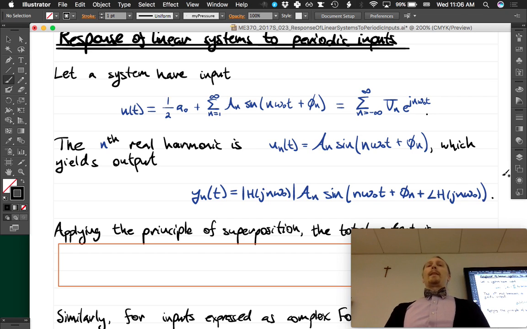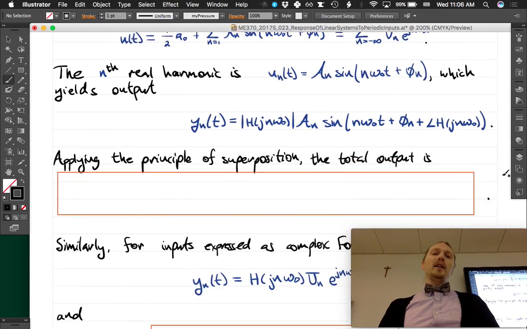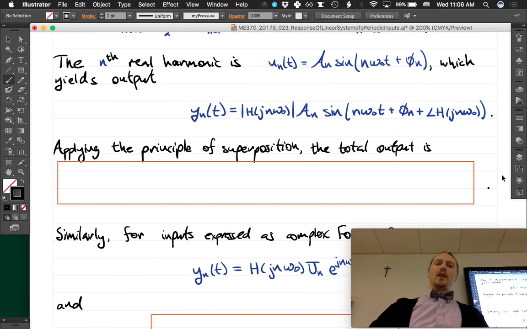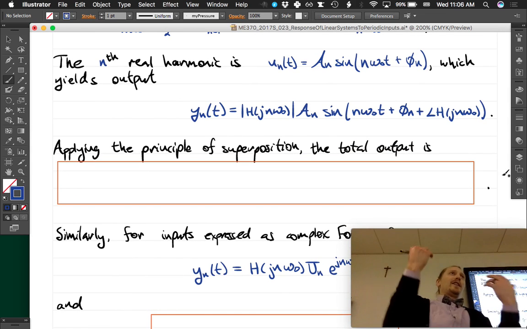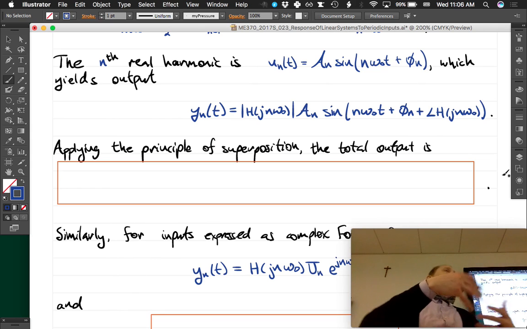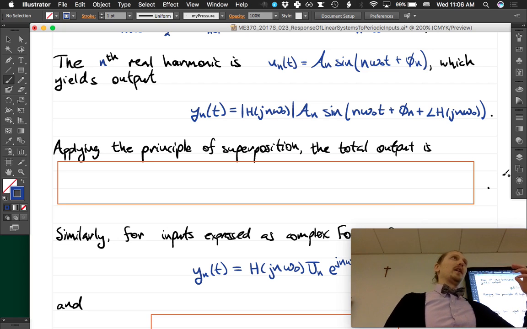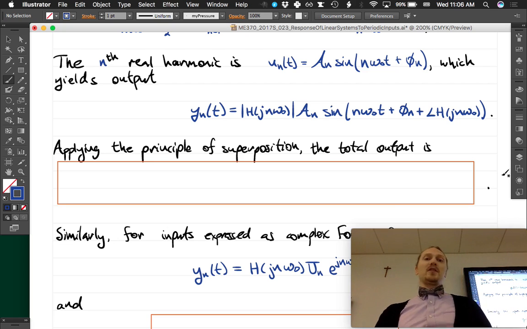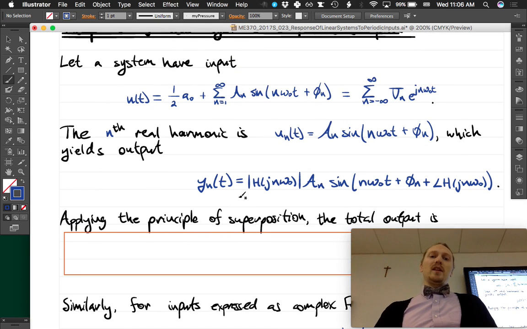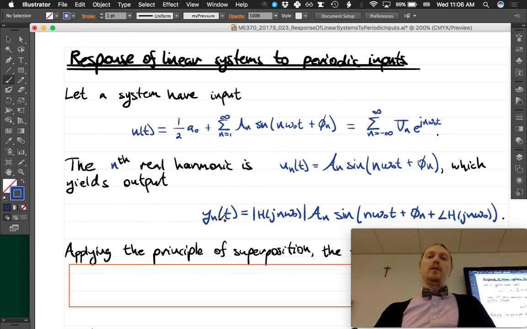Okay? Now, applying the principle of superposition, I'm essentially doing in a little slower, mathematical, systematic way what we've talked about the last couple of weeks now, where we can say, oh, okay, this is the output for this input, so we could write the output for any of these inputs, right?